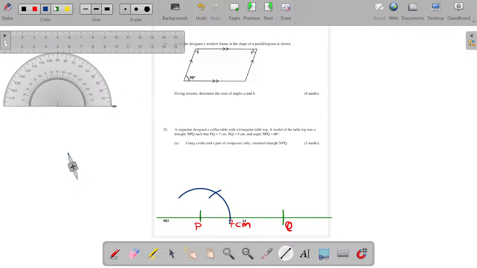I want to use a green pen. Let me be quite accurate.